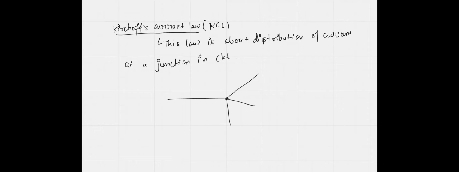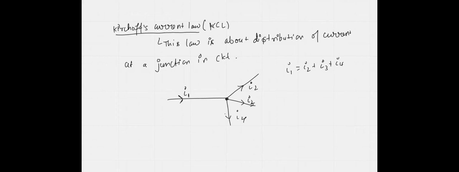So if I say, Kirtana, some current I is going. You know that there is no current going to be adjusted at this point, right? I can say some current is going this way, some current will be going this way, some current is going this way. So the relation will be I1 equals I2 plus I3 plus I4.